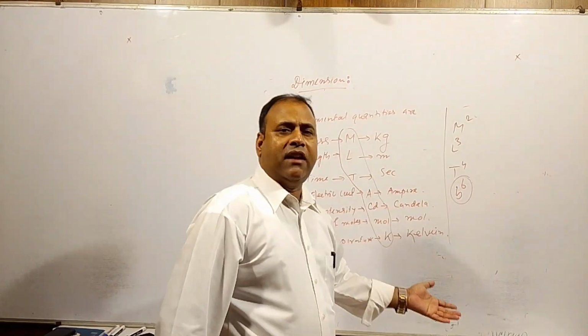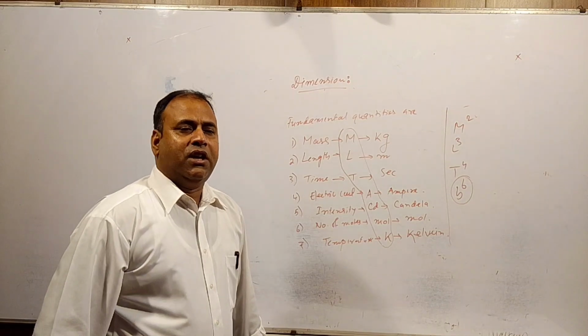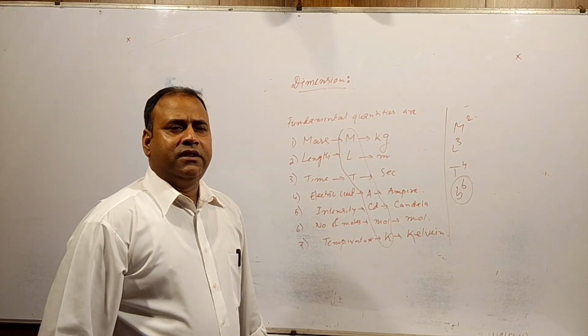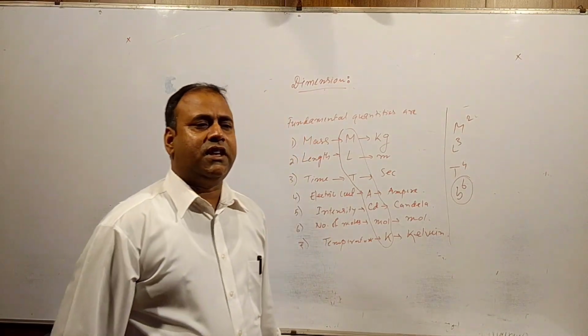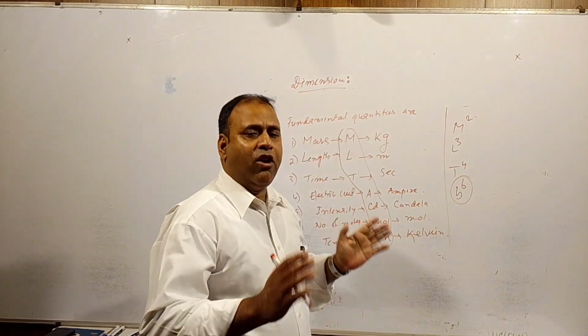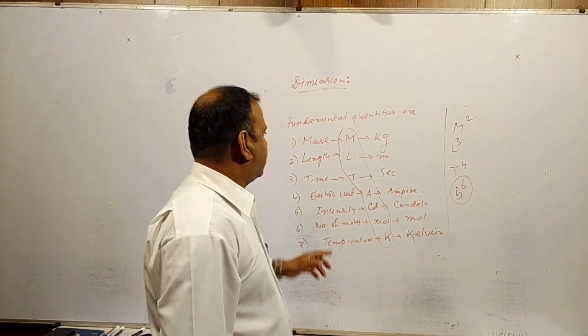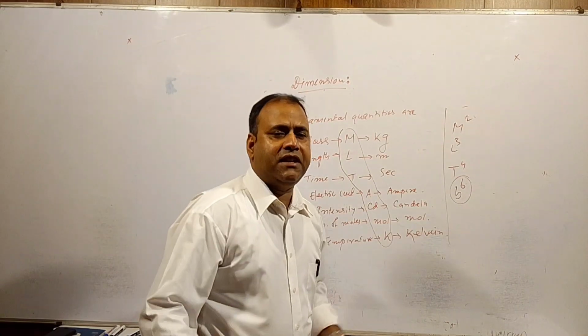But other alphabets, suppose C or Z, are not fundamental quantities, so we cannot consider that there is a dimension. Our definition of dimension means power of fundamental quantities. If there is a power of fundamental quantities, then there is a dimension.